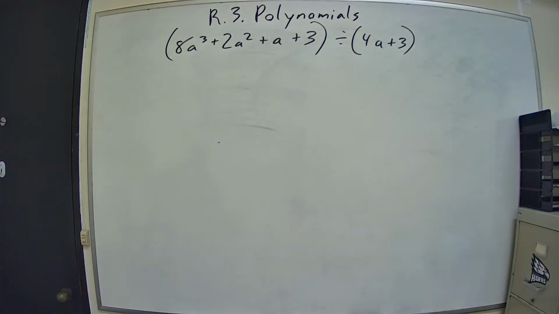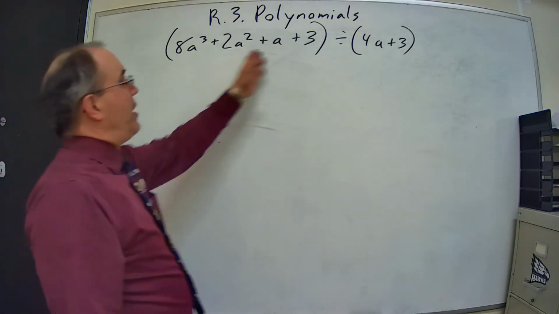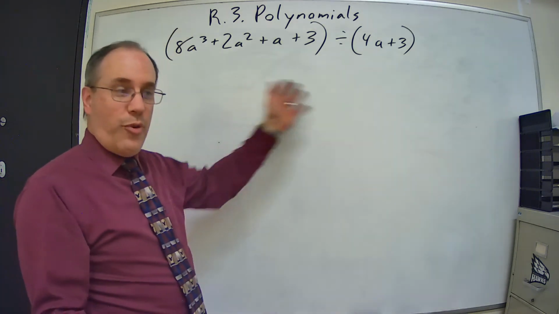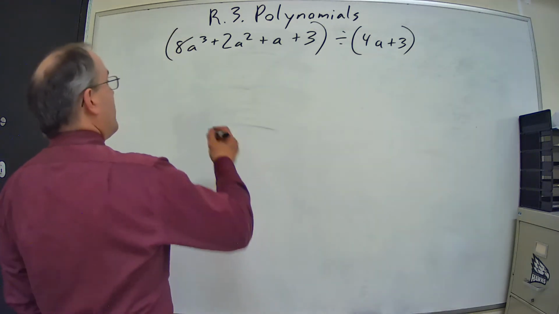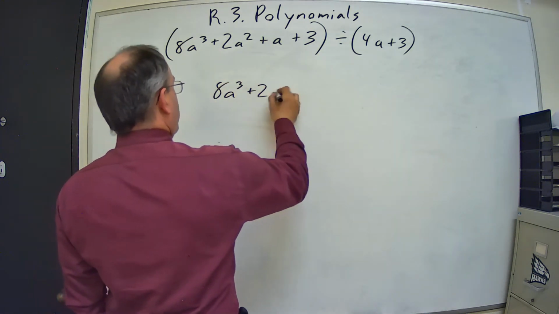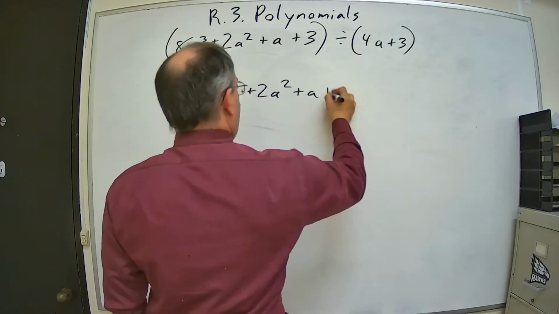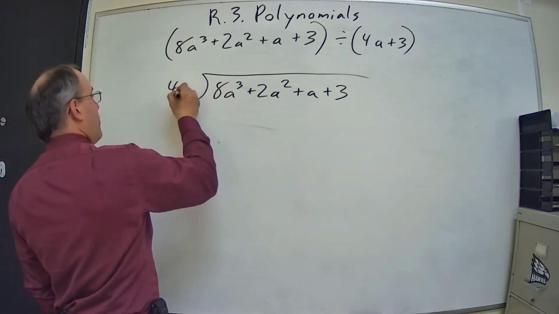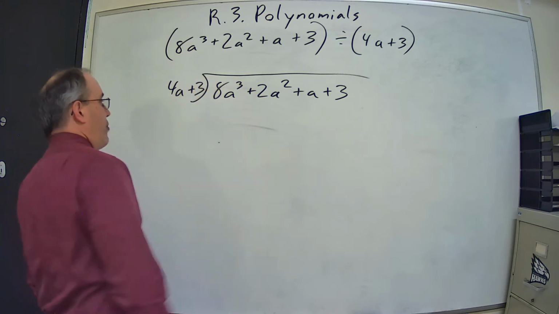Okay, so we've got that in place. So the first thing we're going to do is turn it into a division problem where we can do long division, right? So we're going to go 8a cubed plus 2a squared plus a plus 3 divided by 4a plus 3.